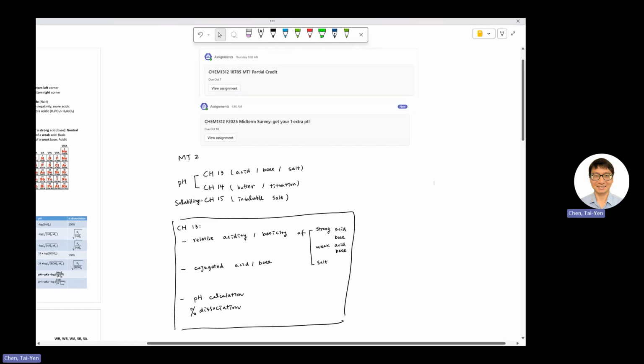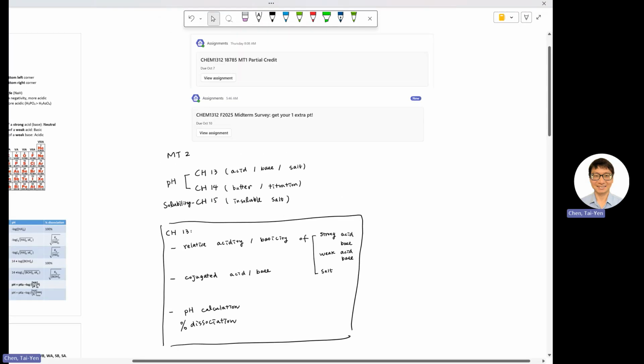Could you just quickly explain normality again? So normality, depending on the context, is actually talking about acid, and it indicates the coefficient in front of the protons. For the base, it's the coefficient in front of your hydroxide. But if it's a salt, it's the total number of your ionic species.